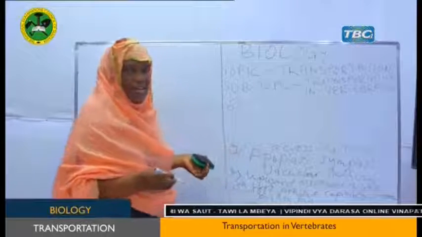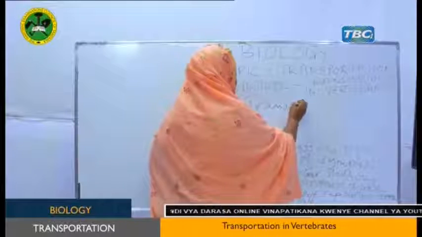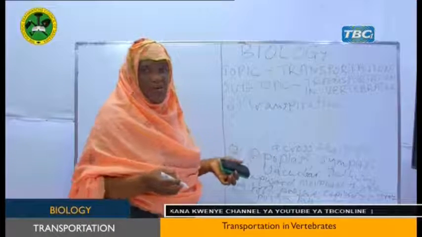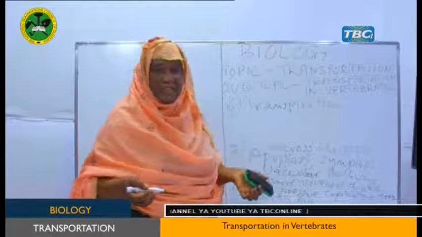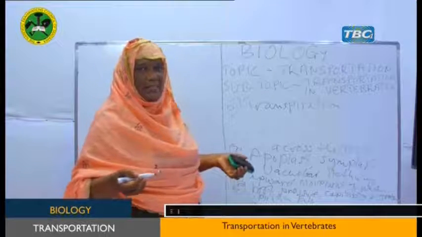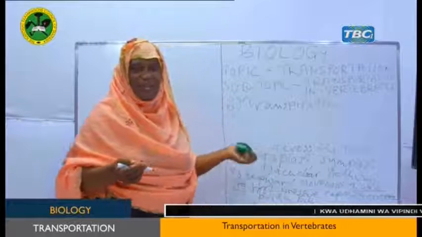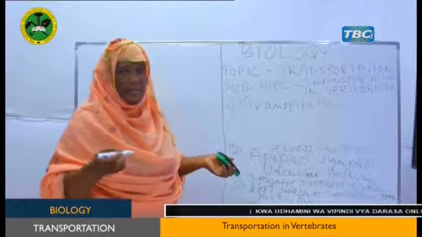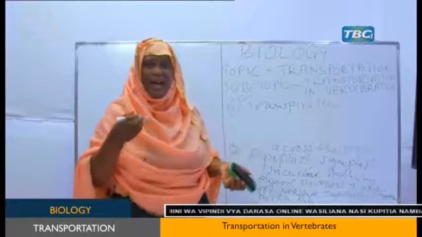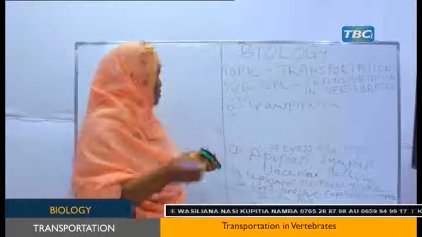We also discussed transpiration. In transpiration here, we started by defining the term. After defining the term, we also discussed the areas or places where transpiration takes place. After that, we also discussed the advantages and disadvantages of transpiration.